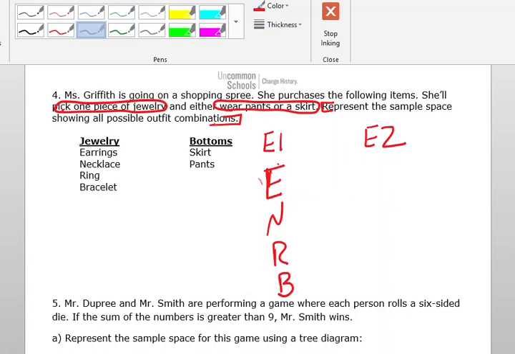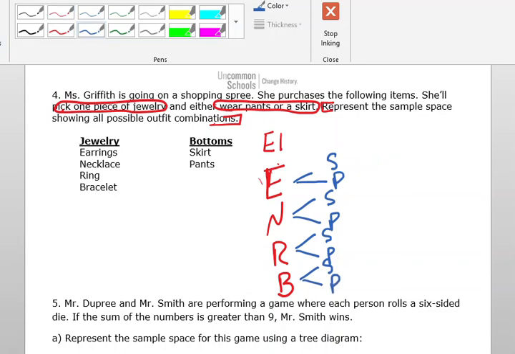Okay, and for event 2, I have skirt or pants. So I'm going to go S or P, S or P, S or P, S or P. I'll make this over here. Okay, so this is my event 2.